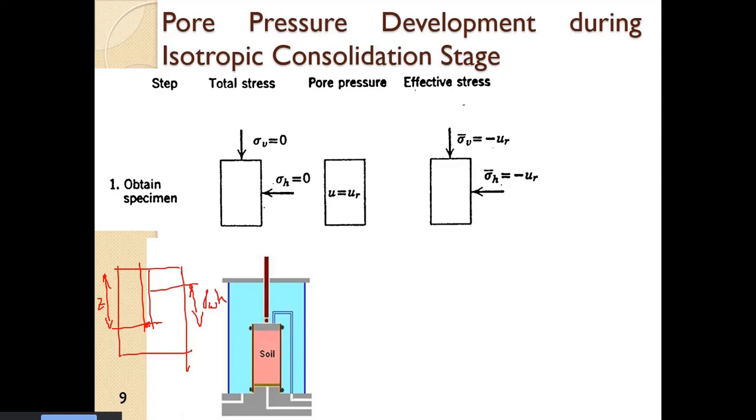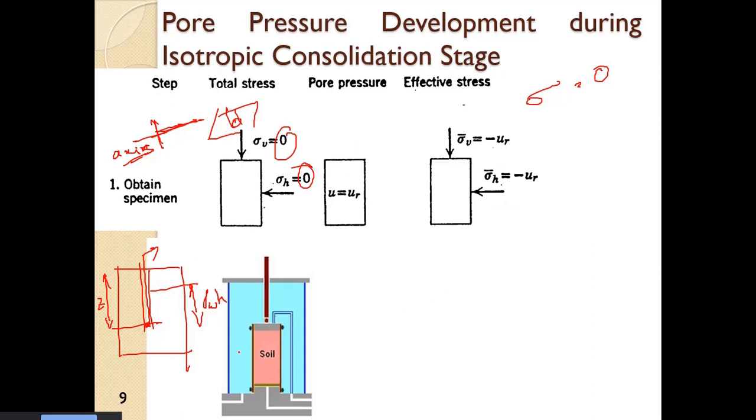When we took out the soil from here and put it on the triaxial pedestal, there was no pressure acting on the soil, only the atmospheric pressure, which we can consider to be zero, so we can negate the effect of the atmospheric pressure. Exposed to atmospheric pressure on the pedestal of the triaxial cell, the sample at present has sigma total equal to 0.